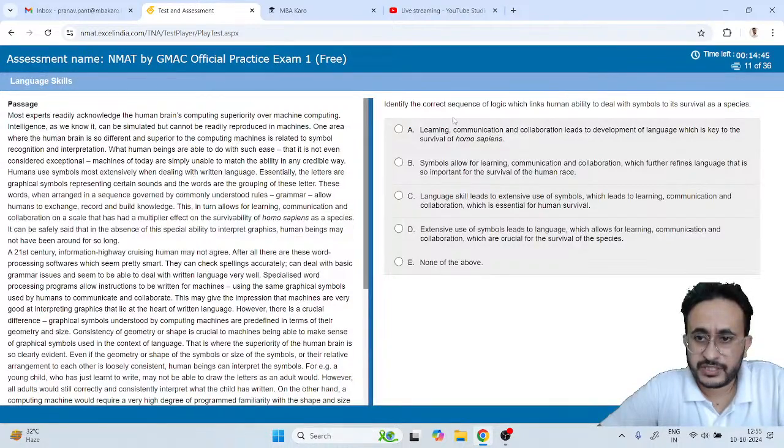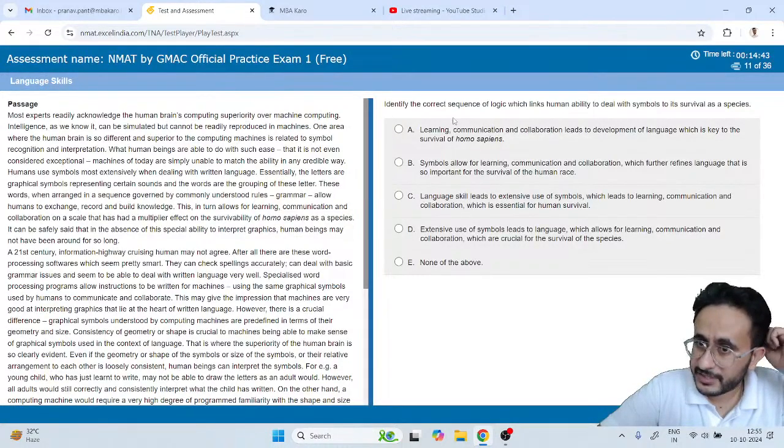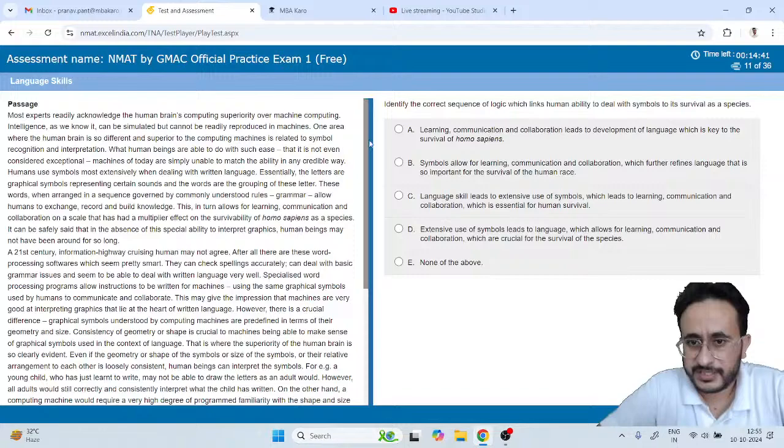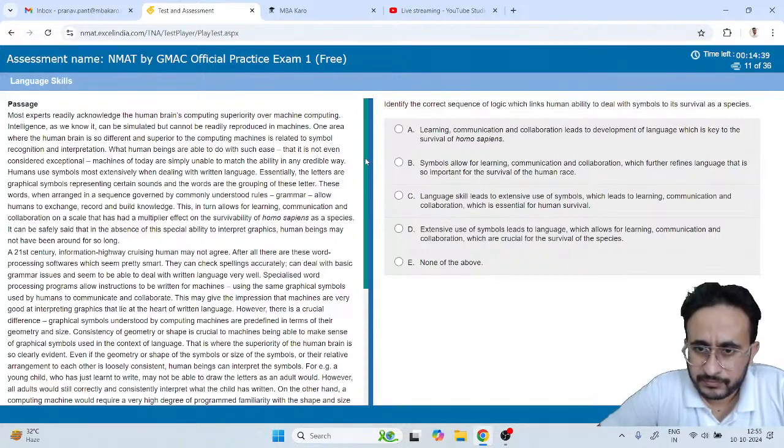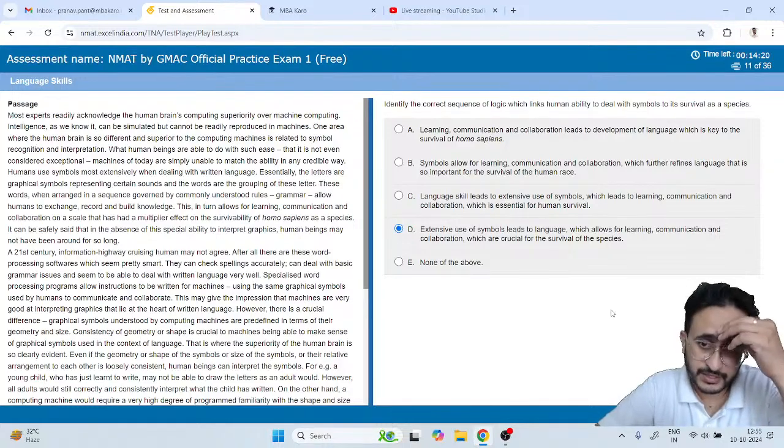Correct sequence of logic which links human ability to deal with symbols to its survival as species. Sequence of logic, symbol learning, communication and collaboration. Language skills lead to extensive use of symbols.